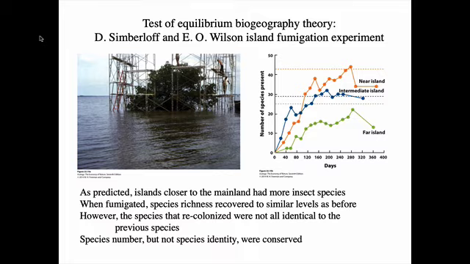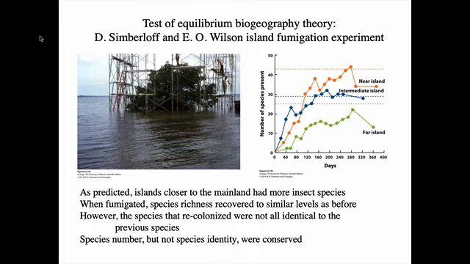And then they asked, well, if island biogeography theory is correct, then we should see an approximate return to the same number of species that we had before our treatment, even though the specific species might not be identical. And so here's the number of species that originally were on the farthest island.